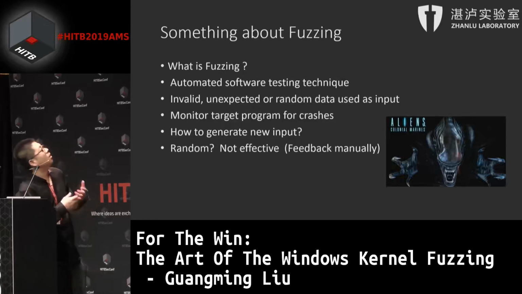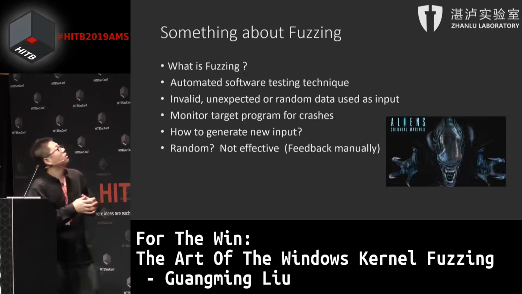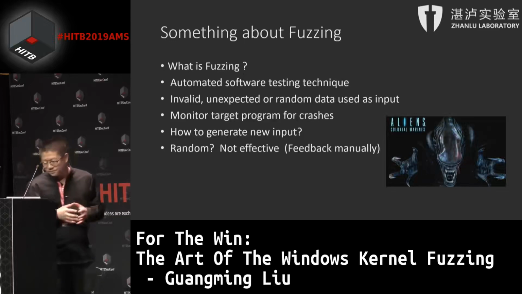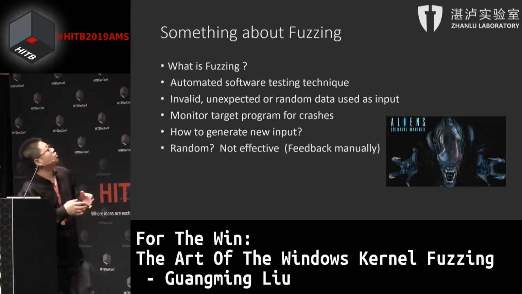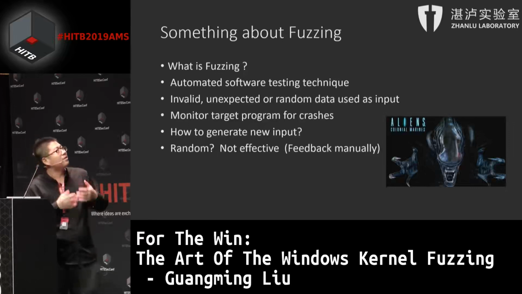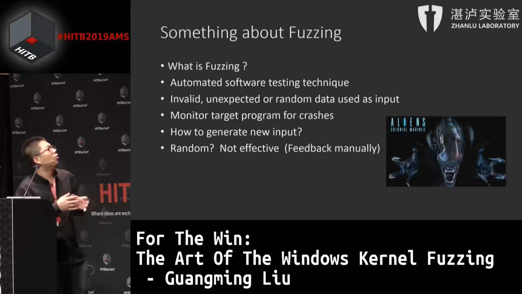We need a monitor to watch the target program for crashes. And the most important thing is how to generate the random new input and feed it in, either feedback-driven or manually.